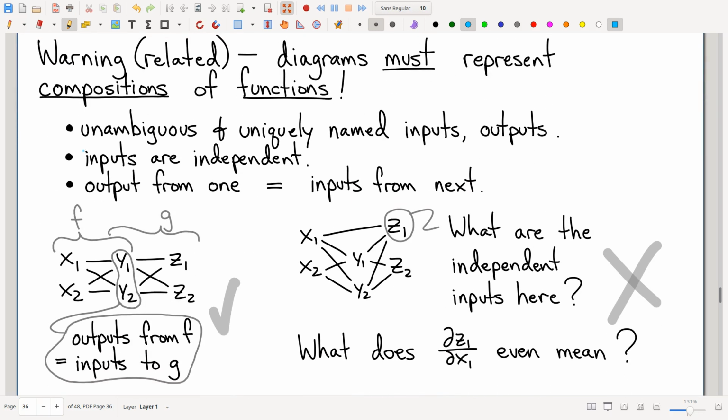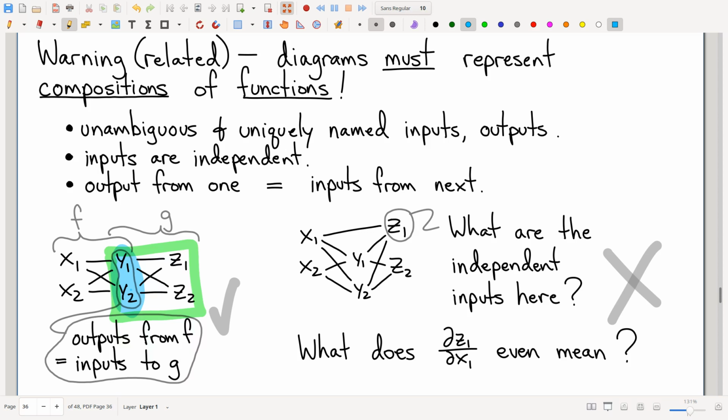Okay, so you have to keep that in mind, and when you're going to use this idea of intermediate variables and paths and stuff like that to generate your chain rule as needed, you better make sure that you're talking about actually a composition of functions, and it has to make sense as a composition of functions. Each one of these, the variables have to be independent, right? The input variables to g here, for example, y1 and y2, they're independent of each other. y2 is not a function of y1.